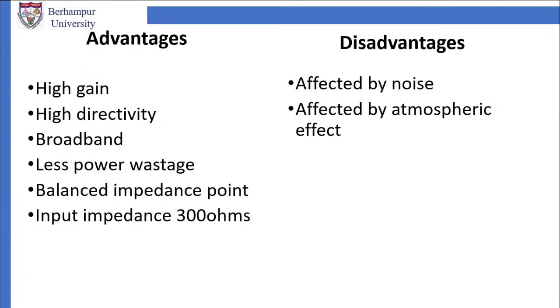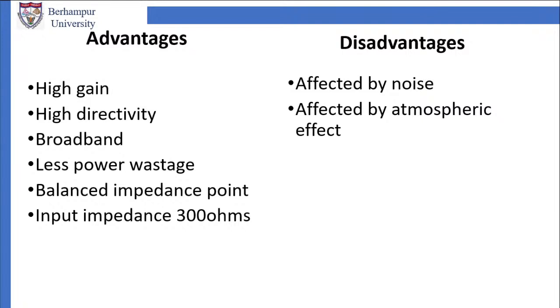Then what are the advantages and disadvantages? The advantages are that it has high gain, high directivity, and it is a broadband antenna. It consumes less power and wastes less power, as most of the power is radiated. It has a balanced impedance point, so we do not require a balun at the antenna.